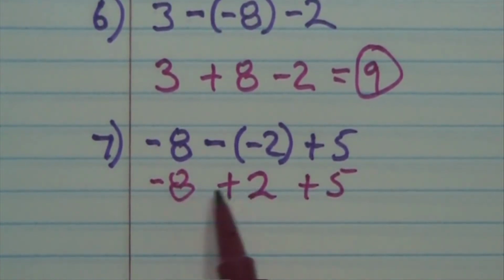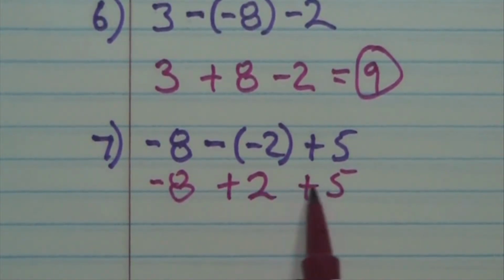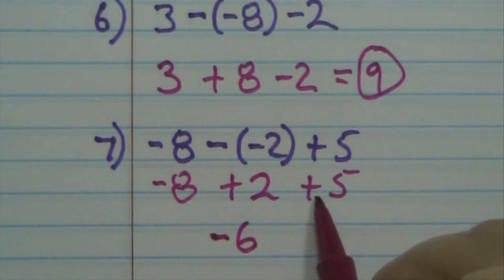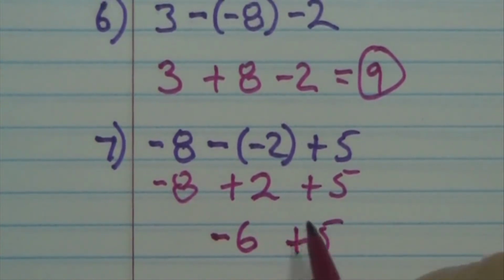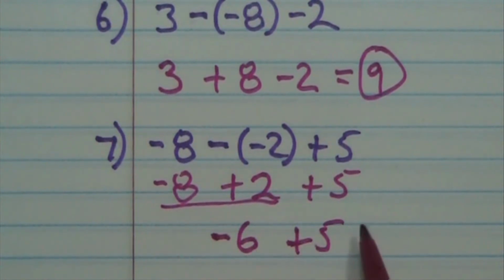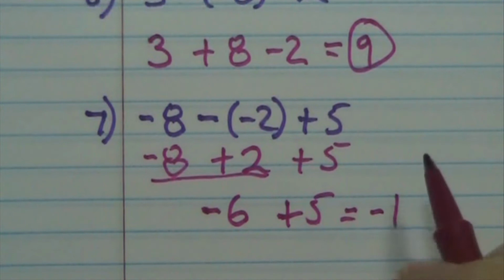Now, if you want to, you can do 2 at a time. Or I could do my negative, then I have both my positives. It's up to you. I'll just go left to right. So if I go left to right, -8 plus 2 is -6. And see these two right here? I did that. And -6 and 5 is -1.